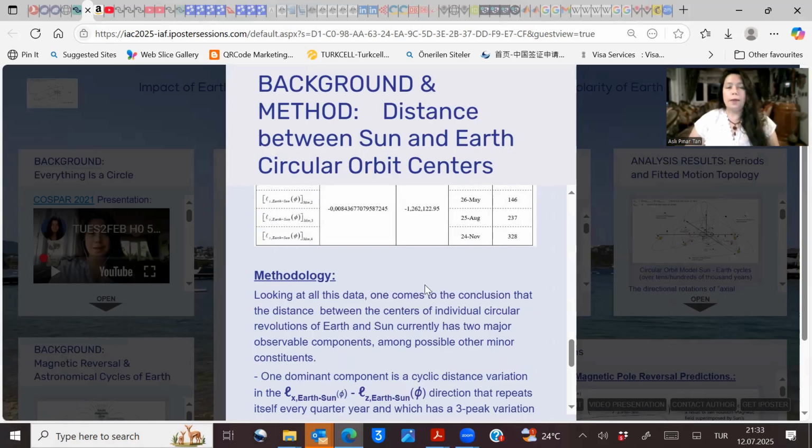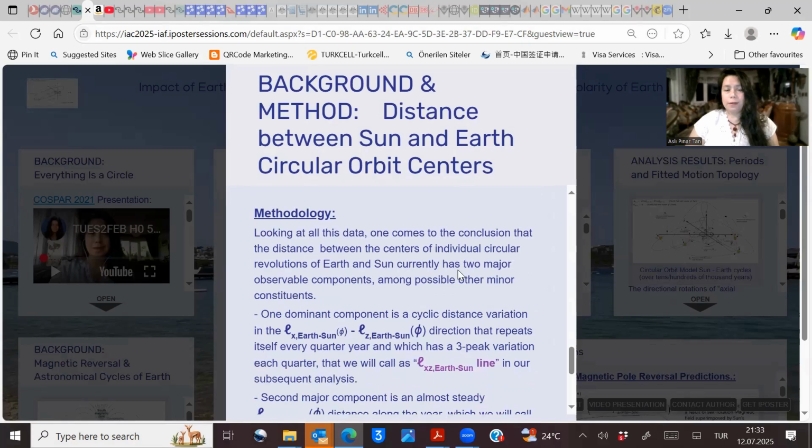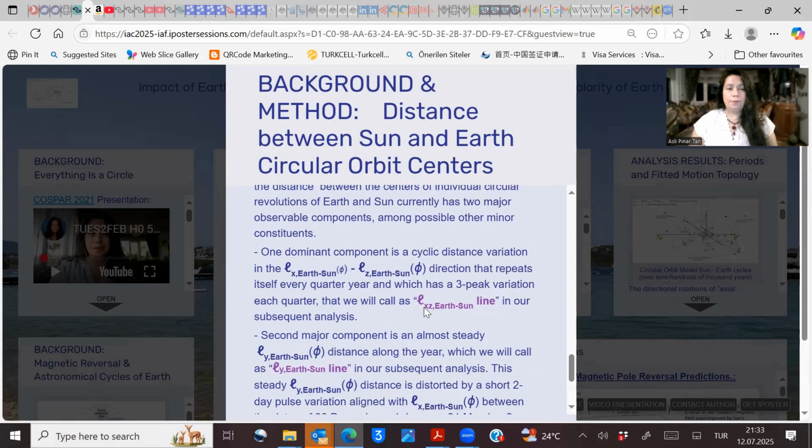To be able to analyze and explain the apsidal precession, like the change of eccentricity and the shift in the aphelion-perihelion axis of the relative ellipse for the Sun and Earth, I have defined 3 major components for the L vector between the centers of the Earth and the Sun's circular individual orbits. One is the LXC line.